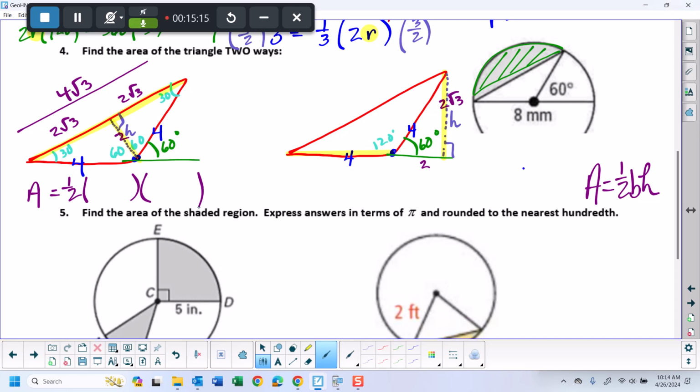My altitude split that angle evenly because my triangle is isosceles. Are you okay with that? So that means that each of these angles is 60. If these angles are 60 and I have right angles, I know these guys are 30. I now have a 30, 60, 90 right triangle.